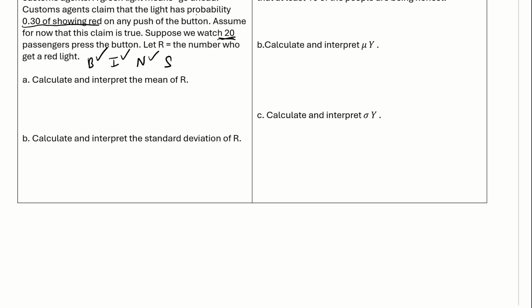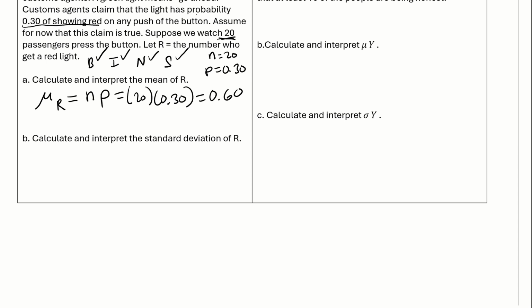Yes, 20 passengers, so n equals 20. Probability of success, is it the same? Yes, it's a 30% chance for red. So it's binomial, and we can calculate the expected value, or the average, of the binomial distribution, which is np, which is 20 times 0.30 in this case.